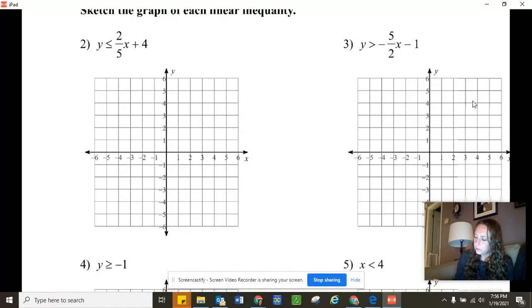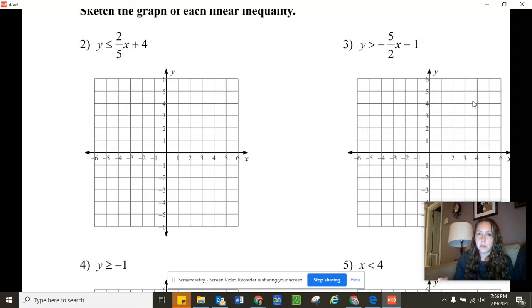So graphing these is going to be the same as before, right? Where m is 2/5 and b is 4. That part has not changed. So I'm going to make a dot at 4. And then I'm going to go up 2 and over 5. And because, especially with inequalities, it's good to go over the whole graph, I'm also going to go down 2 and left 5.